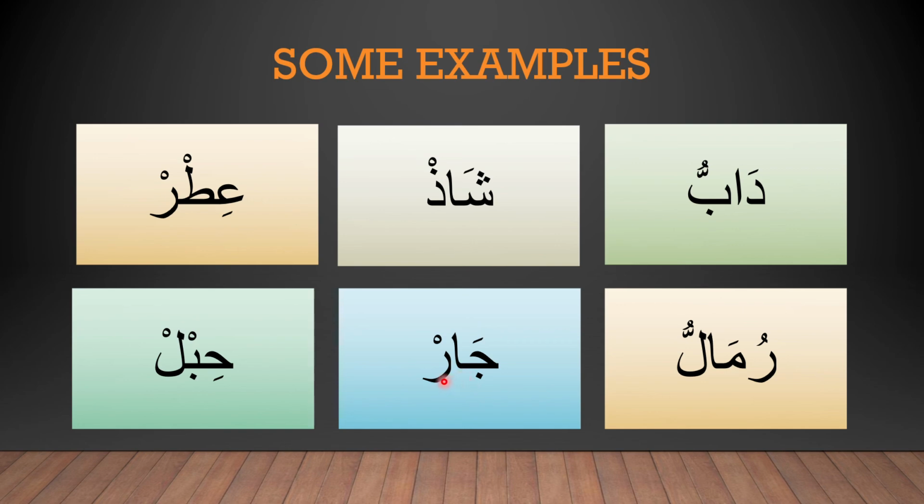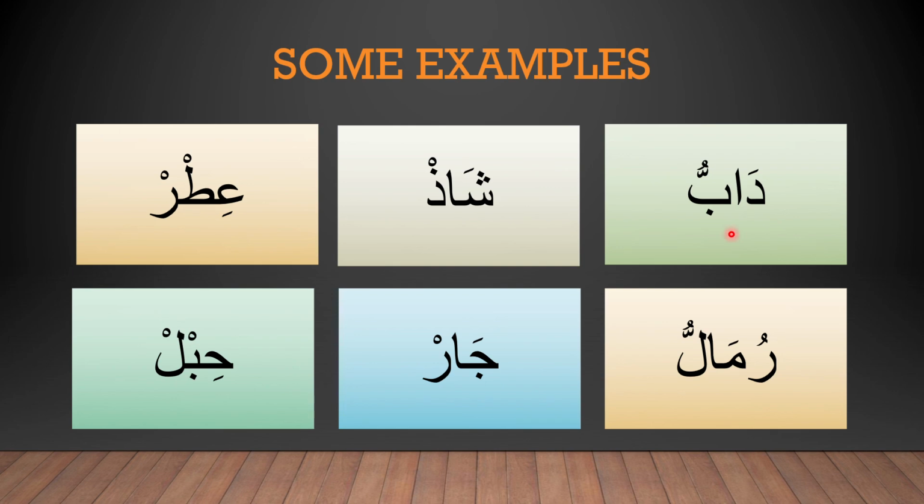Ja, Ra, Sukun, Jar. This is a very basic example of syllable type 5. Ha, Kasra, Ba, Hib, Lam, Sukun, Hibl. This is syllable type 4 because there are two consecutive consonants coming after one another.